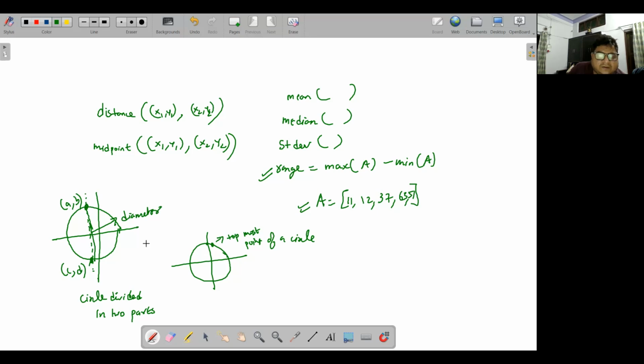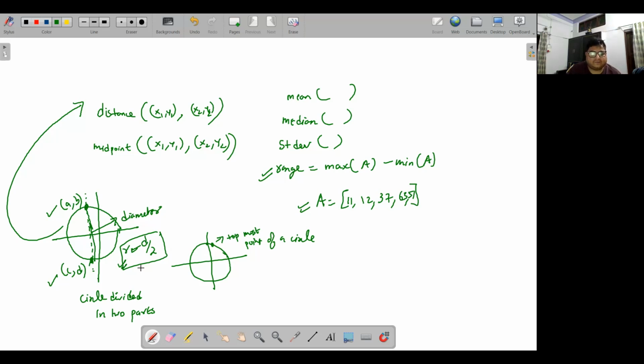And diameter, radius is diameter by 2. We get the radius as well. So the only thing is, if we know these 2 points, we can use this distance to get the diameter. And then if we find half of the diameter, that will give you the radius.